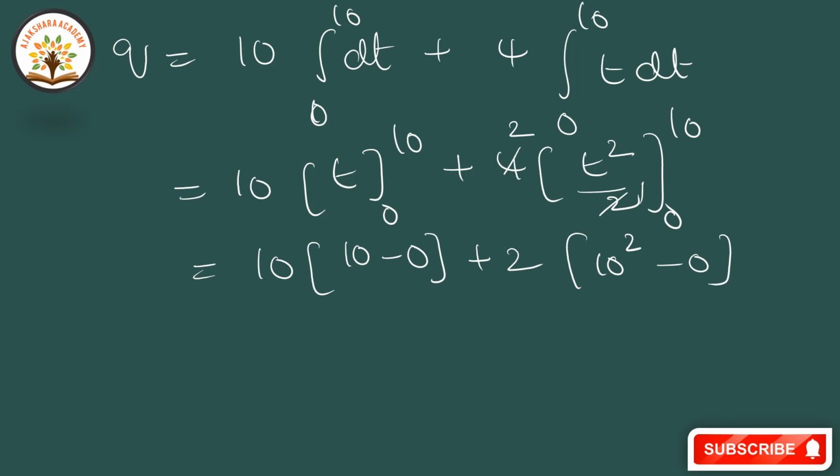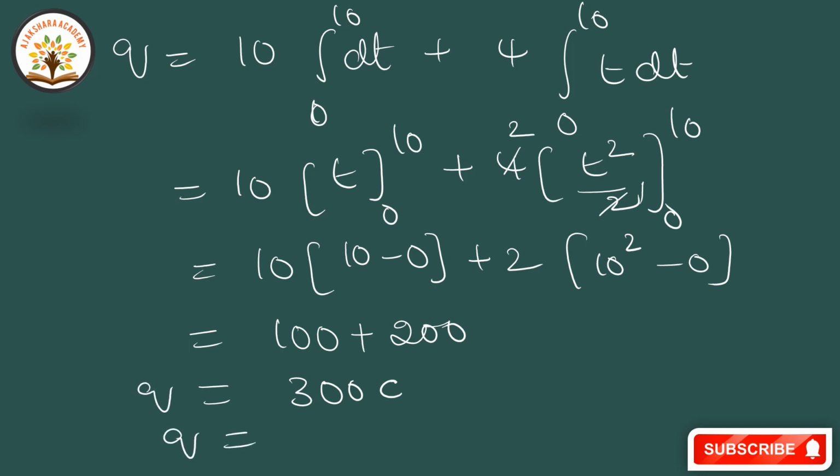So that is equal to 10 × 10 is 100, plus 4 × 100 by 2, which is 200. So 200 plus 100 is 300. So q is equal to 300 coulombs.